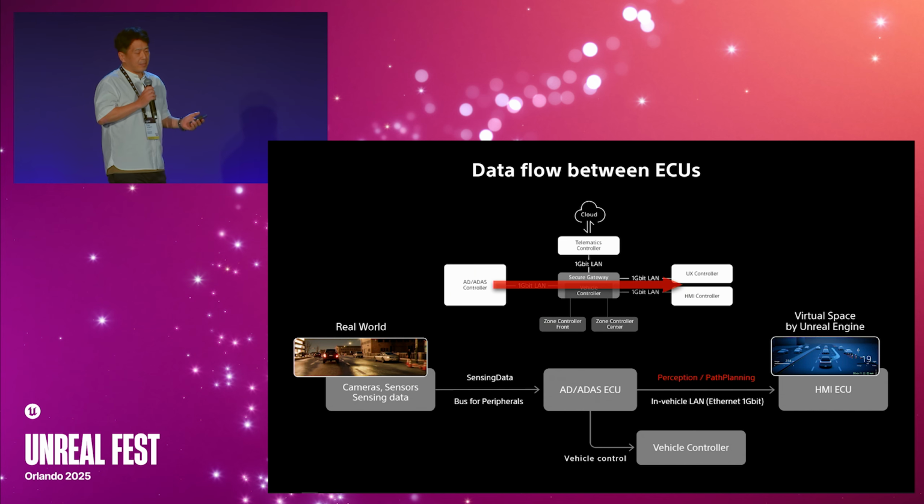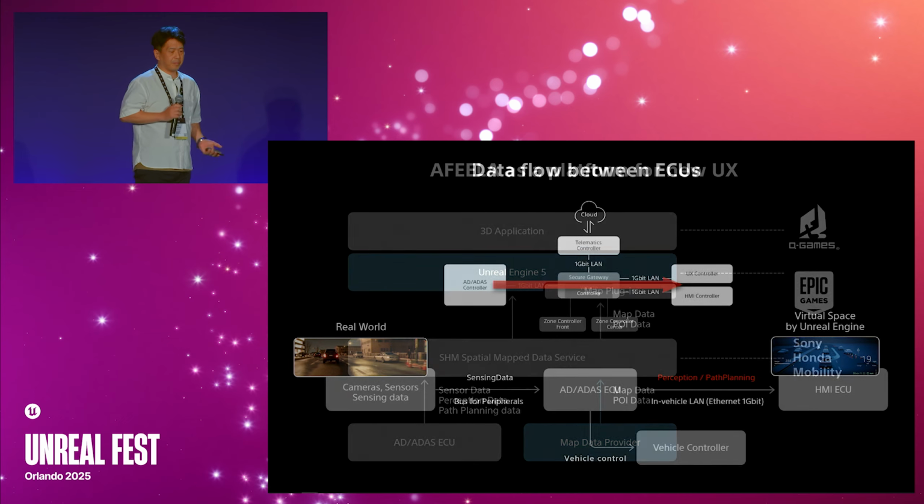These data are transmitted over 1 Gbps Ethernet, and it can be dynamically controlled by software. The camera has a dedicated line of 10 Gbps, allowing for the transmission of multiple camera data in an uncompressed format. I will explain how these data can be utilized and displayed in the following slides.